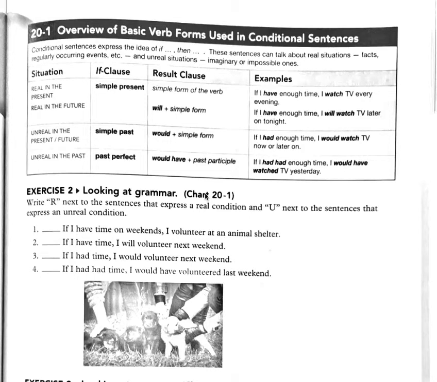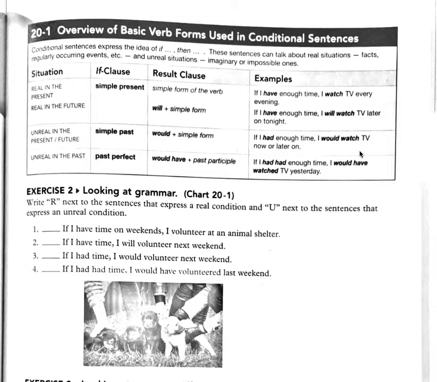Tuesday's lesson. Today we're going to cover pages 427 through 431. Okay. So if we look at chart 427, chart 20-1, overview of basic verb forms used in conditional sentences.